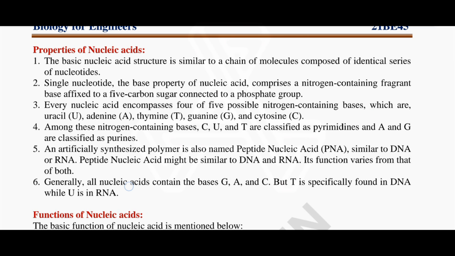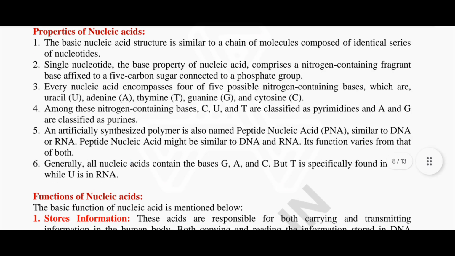Every nucleic acid encompasses 4 or 5 possible nitrogen-containing bases, which are uracil U, adenine A, thymine T, guanine G, and cytosine C. Among these, C, U, and T are classified as pyrimidines. A and G are classified as purines.